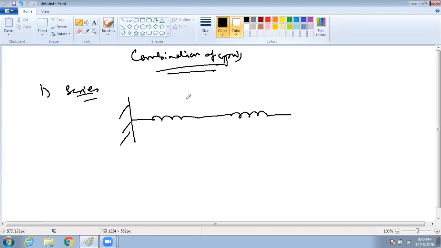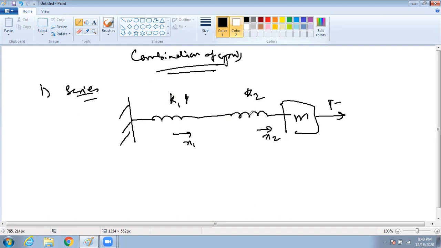Okay. So this has K1, this has K2. You are extending this by X1, you are extending this by X2. And there is a force here which you are applying. So obviously here it will become K1 X1 plus K2 X2. Your net extension is how much? X1 plus X2.